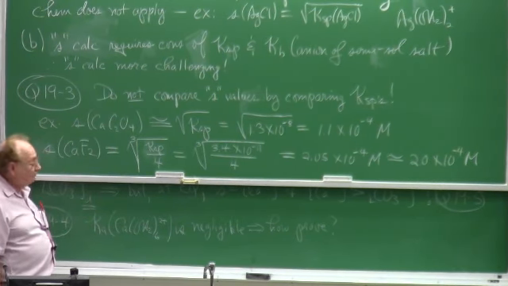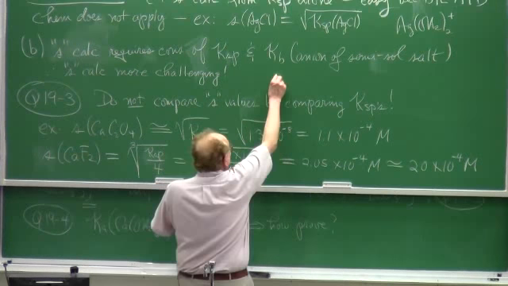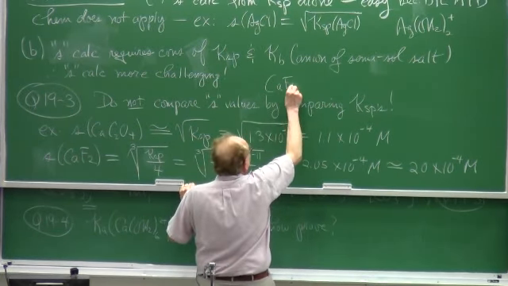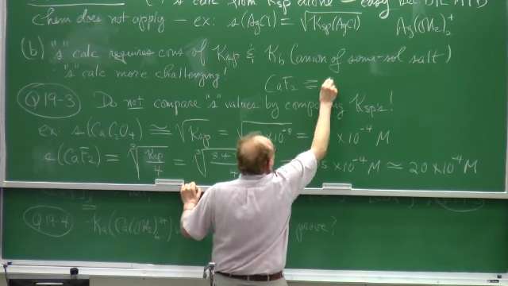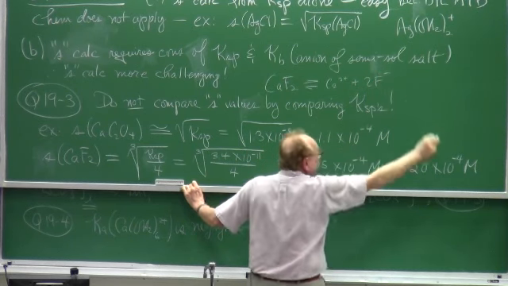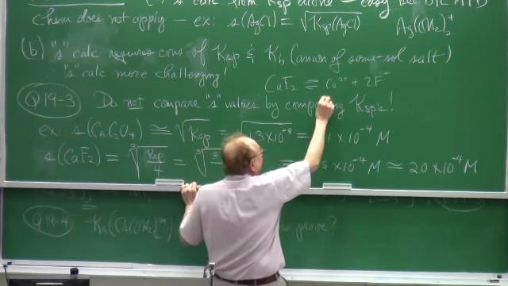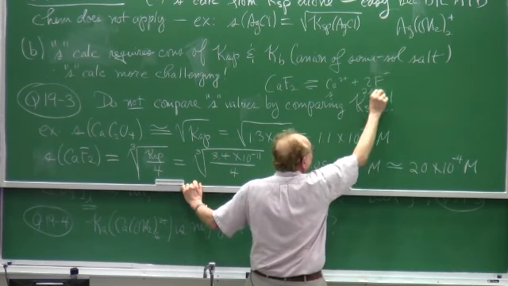Just write out this calcium fluoride equilibrium reaction in water, right? So the equilibrium molarities of the component ions are S and 2S.